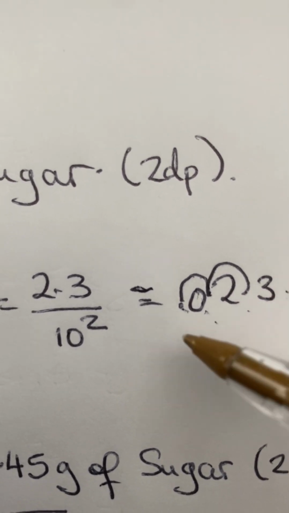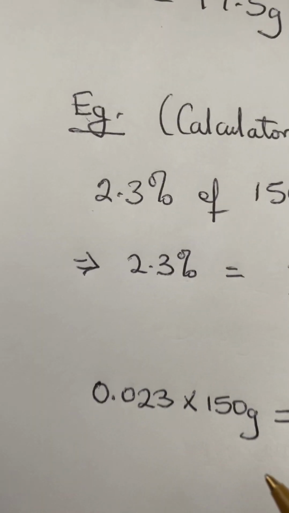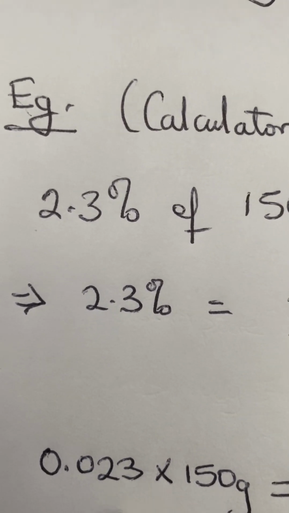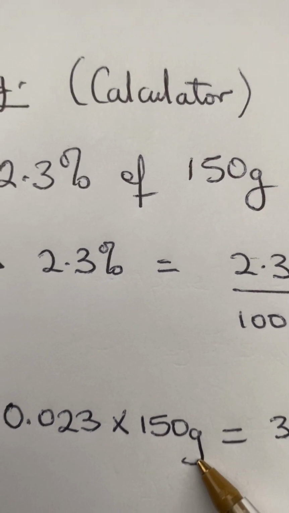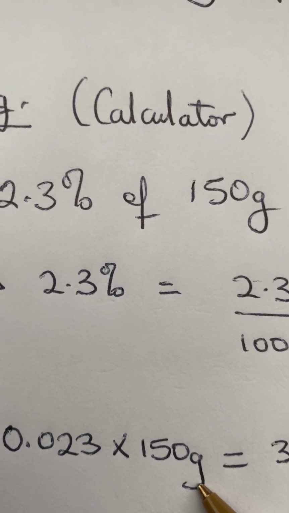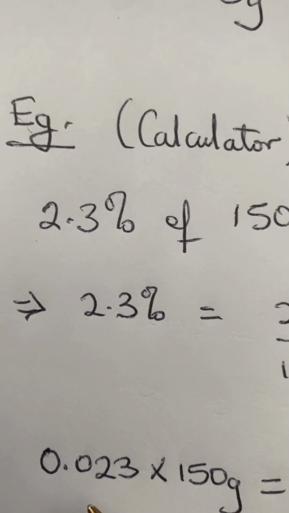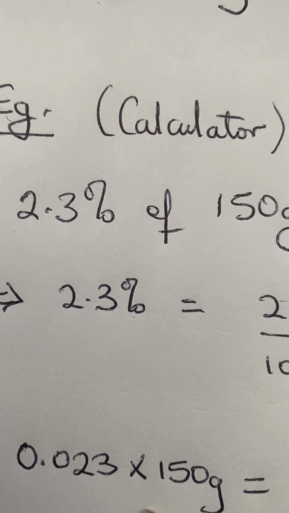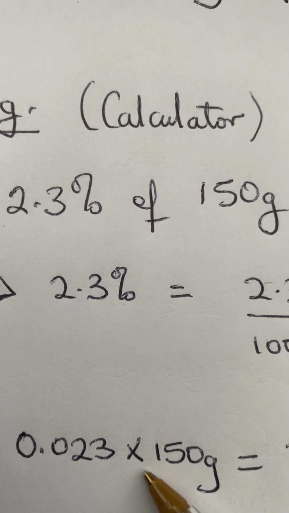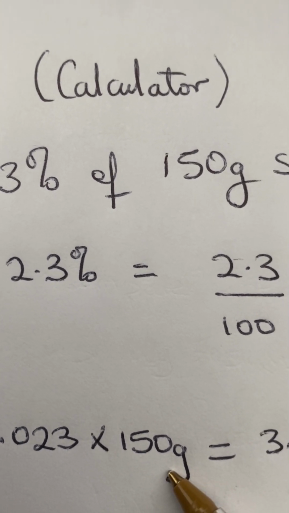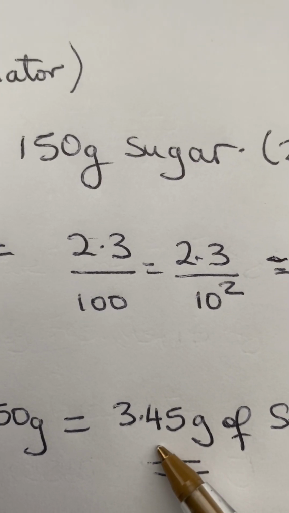Now with 0.023, we put that in the calculator and multiply by 150. If you do these questions over and over again, it shouldn't take you that long. So this is what we are going to put in the calculator: 0.023 times 150.